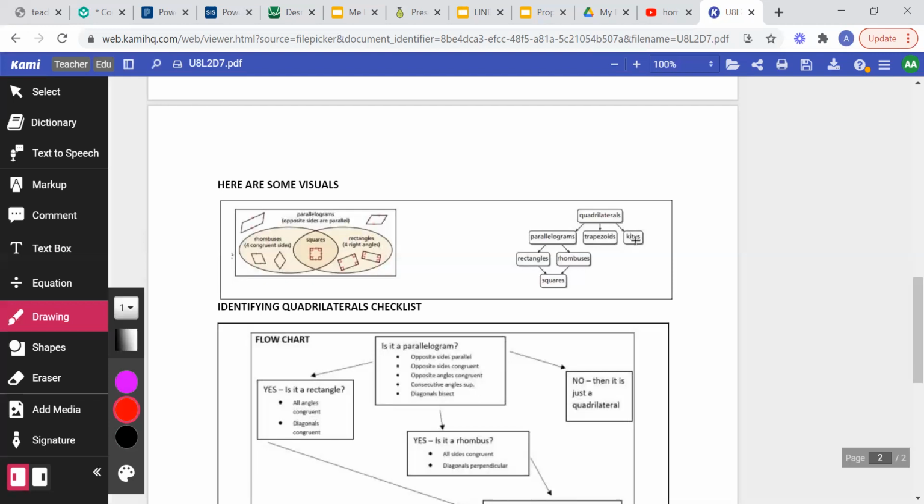Sorry, and then under parallelogram, we have rectangle and rhombus, because a rectangle is a four-sided figure with opposite sides being parallel. But the difference here is in terms of the diagonals: the diagonals of the rectangle are congruent, whereas the diagonals of a rhombus are what?